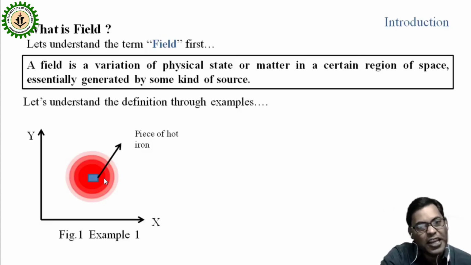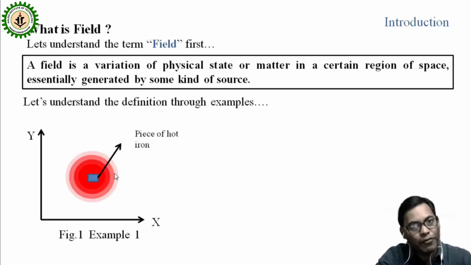So it is the variation of the physical state in a certain region of space. If we move far away from this piece of hot iron, then the temperature of the surroundings will be the same as the environment temperature, but near the piece of hot iron the temperature will be more, and if we move away the temperature will gradually decrease.